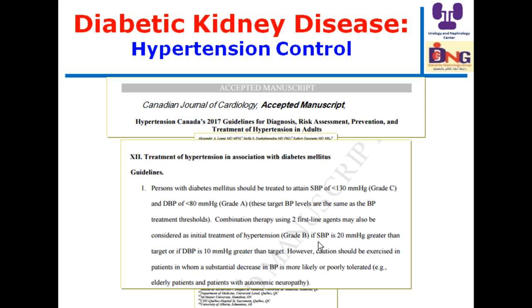However, caution should be exercised in patients in whom a substantial decrease in blood pressure is more likely or poorly tolerated, like elderly patients and patients with autonomic neuropathy. This means reducing blood pressure to less than 140 in systole and less than 90 in diastole, and monitoring the occurrence of adverse events.